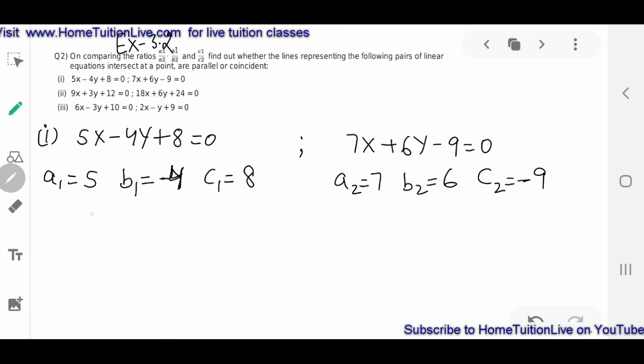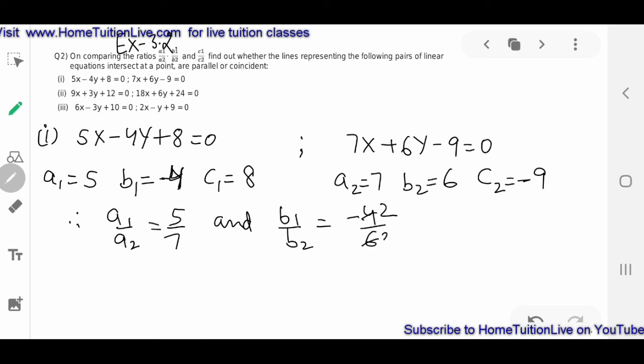Now we will check whether a1 by a2, this is a1 by a2, and b1 by b2, minus 4 by 6, this is minus 2 by 3.